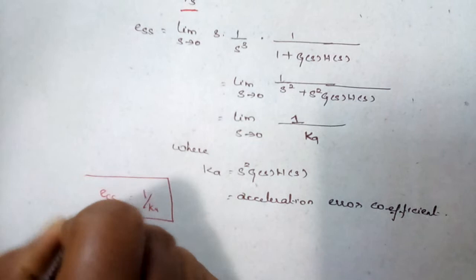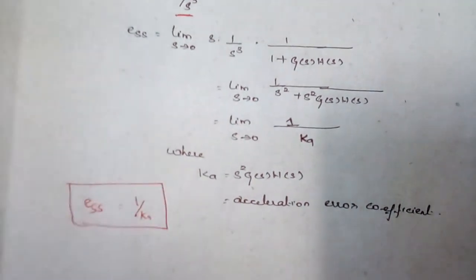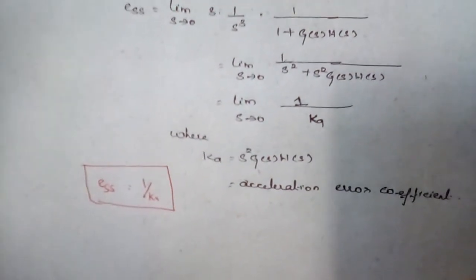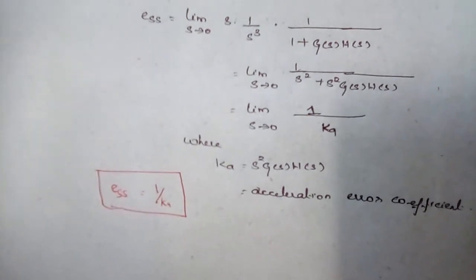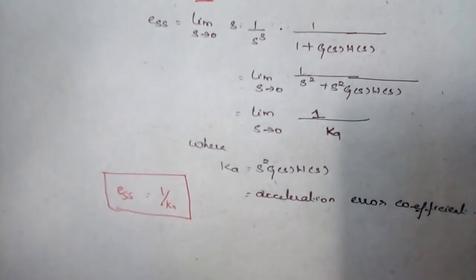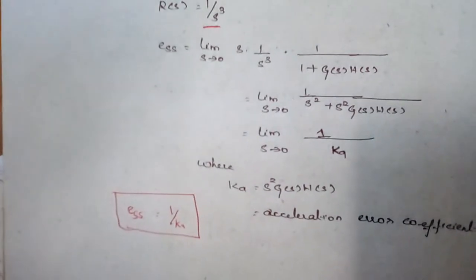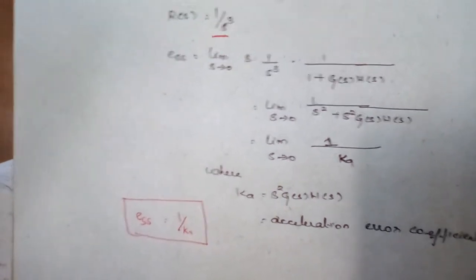So, we have examined the three different cases. That means the steady state error coefficients: positional error, velocity error and acceleration error. For the provided case, we need to check which is applicable to which type of system.